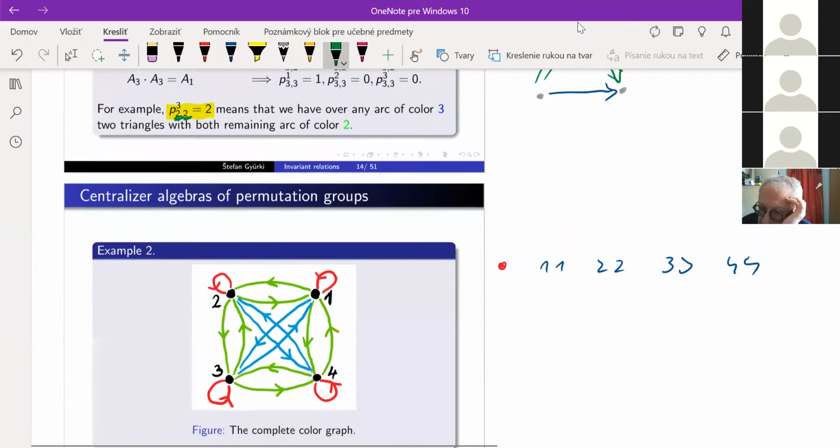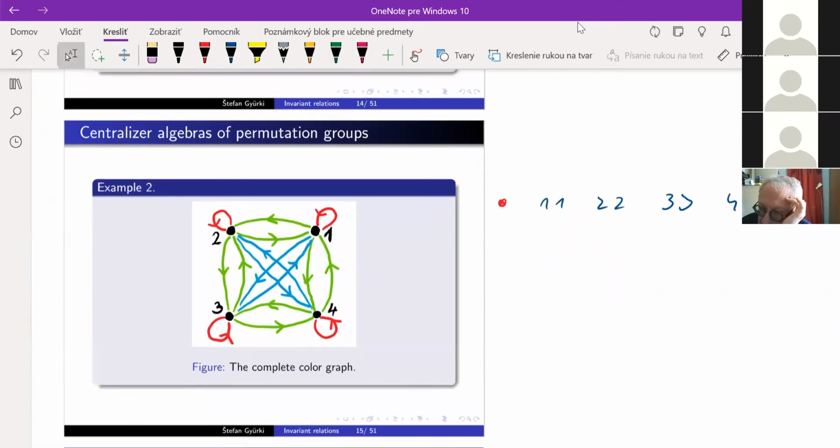And if I take a look at the complete color graph I obtained from the permutation group, then I really see that, for example, over this blue dart, I have one triangle and a second triangle, which has the remaining sides in green color.